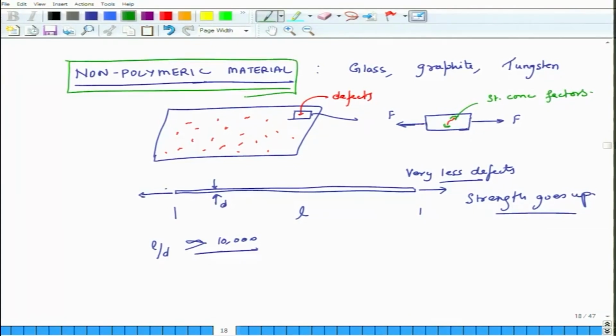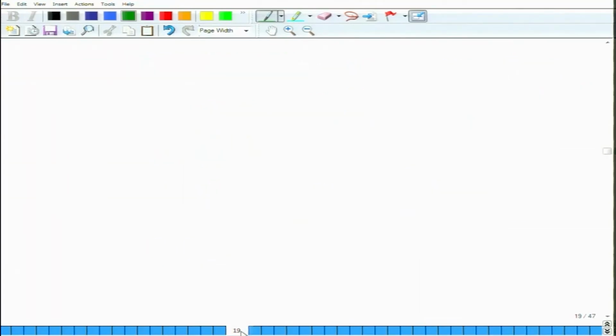Now, we will consider another class of materials and we call them polymeric materials. So, what are polymers?